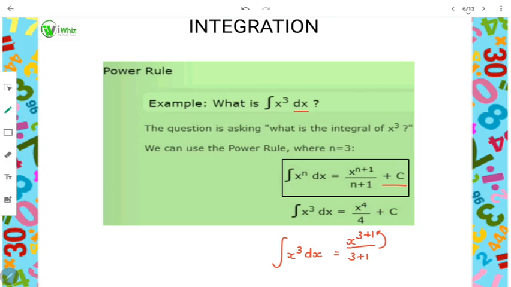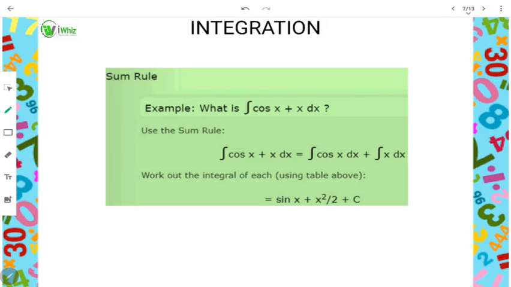So again, with the power rule, what we are working with is replacing the exponents, and we end up with the division, and we always add the constant of integration. The next rule we work with is called the sum rule. We use this when we add derivatives.